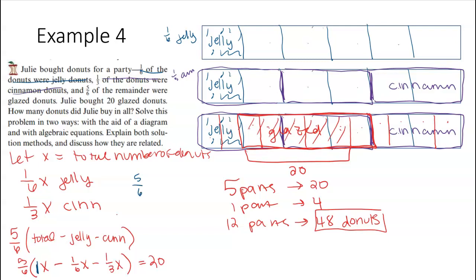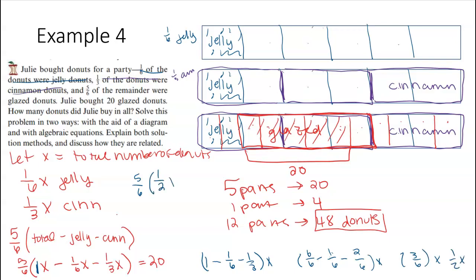So what I'm basically saying here is what is 1 minus 1/6 minus 1/3, because that's our X. Let's make all these denominators 6. So 1 is the same as 6 over 6 minus 1 over 6 minus 2 over 6. So 6 minus 1 is 5. 5 minus 2 is 3. So we get 3 over 6. Well, we know that that's just 1/2. So 5/6 of 1/2 X is equal to 20.